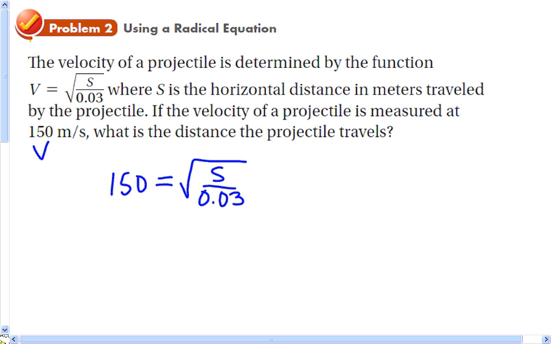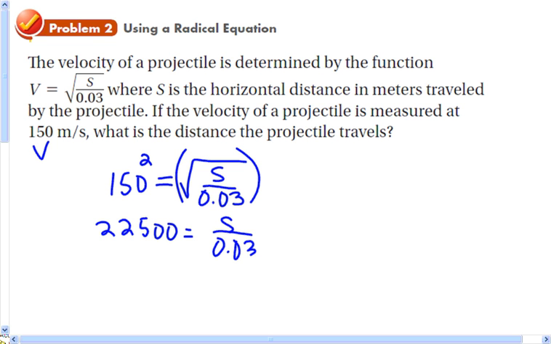And to do that, I'm going to square both sides, and that's equal to 22,500. And over here we get just s divided by 0.03. And then I'm going to multiply both sides by 0.03. 22,500 times 0.03 is 675.